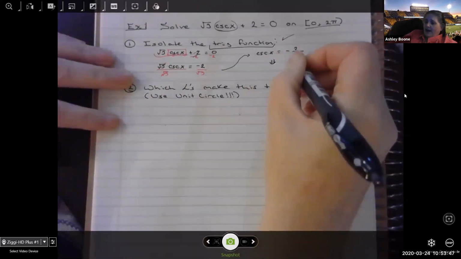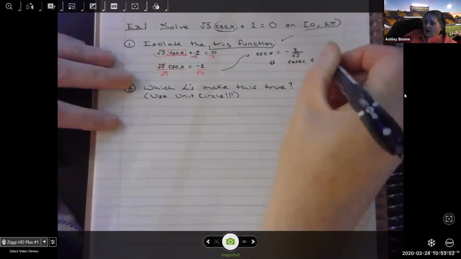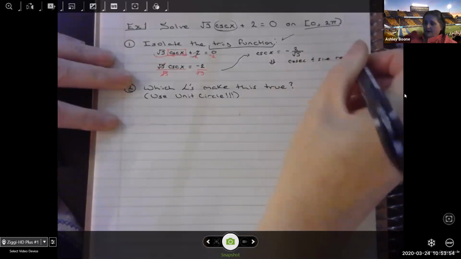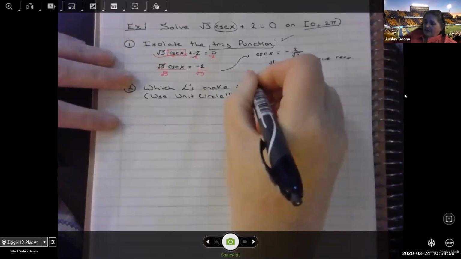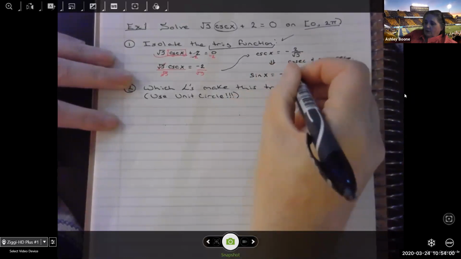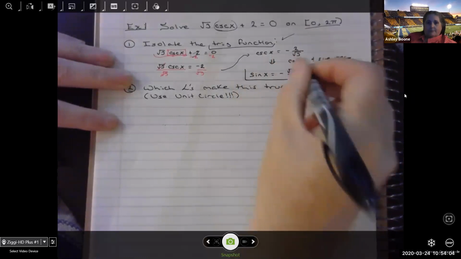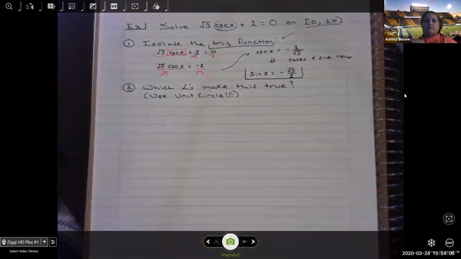So using the fact that cosecant and sine are reciprocals of each other, this is the same thing as saying the sine of x is equal to -√3 over 2. So that's our first step. You can work with it with cosecant, but I would go ahead and always put it in the form of sine, cosine, or tangent if you can, because we recognize those a lot more.